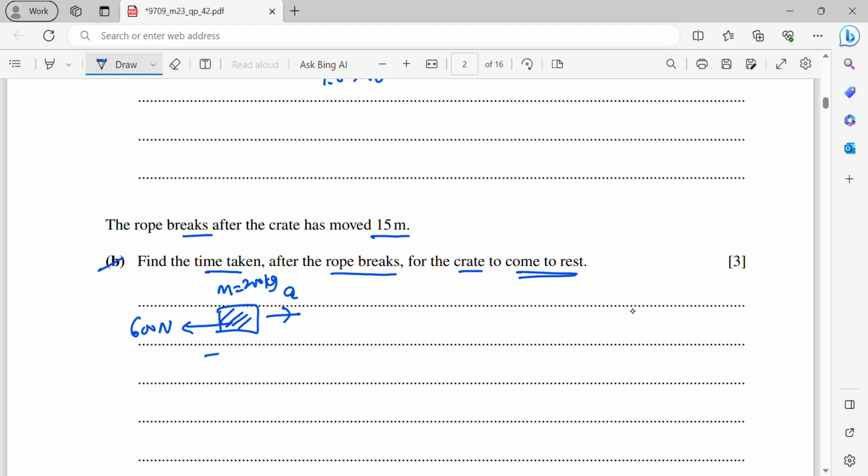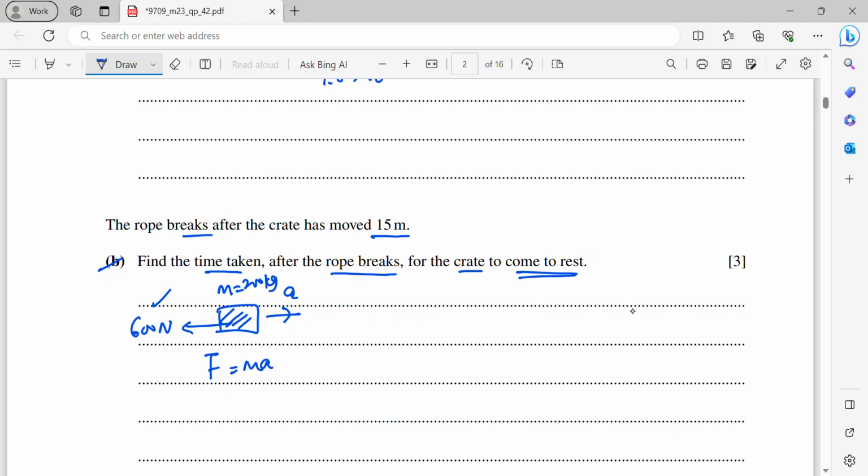So when F equals ma, which is Newton's second law, since the rope breaks, that means now we only have one force, which is the resistance force. The crate will move to the right side, so the 600 newtons is in the opposite direction of the a.